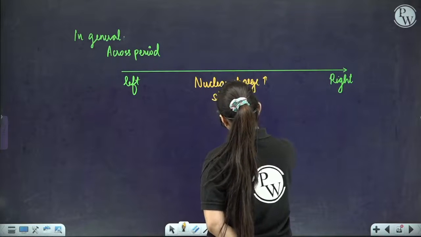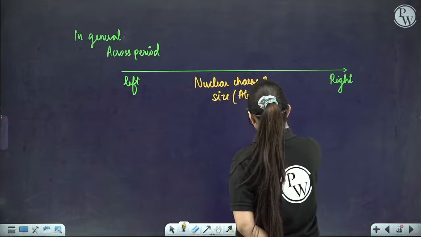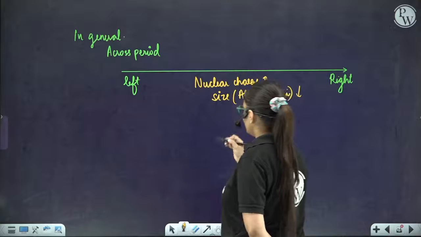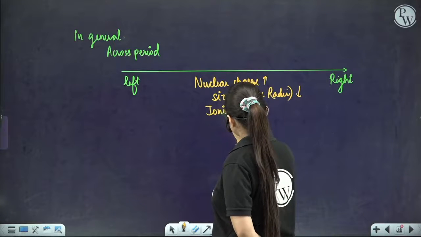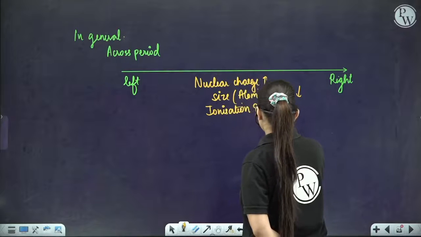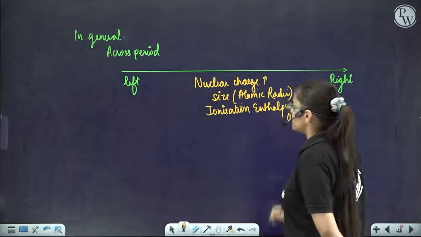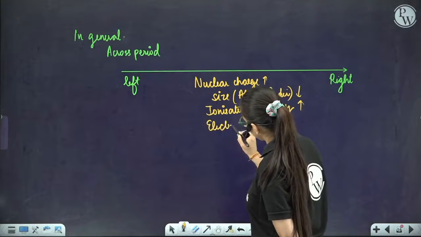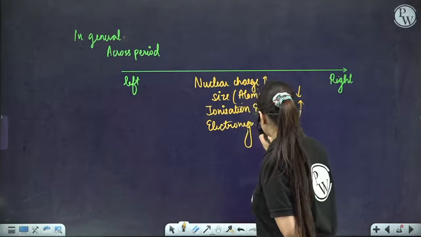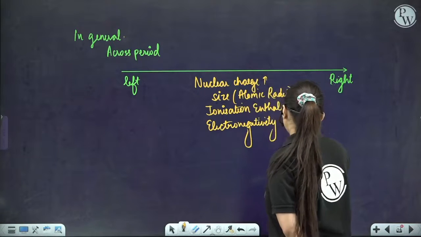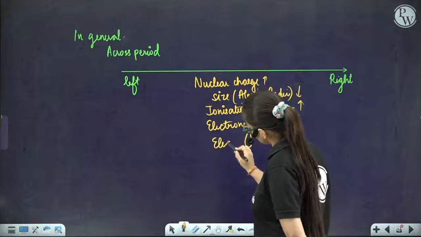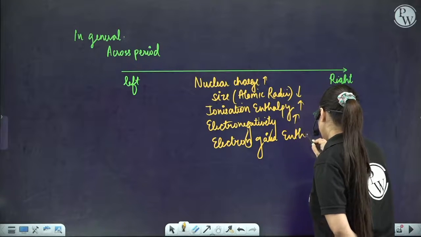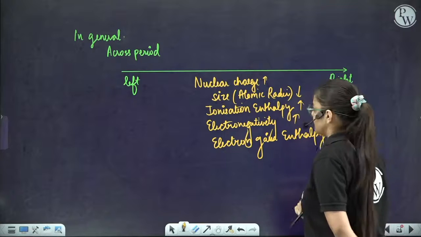So the very first factor, size or the atomic radii, will decrease. Second was ionization enthalpy. Ionization enthalpy is inversely proportional to size and directly proportional to nuclear charge, so it will increase. Electronegativity will increase. Electron gain enthalpy will increase. Clear?